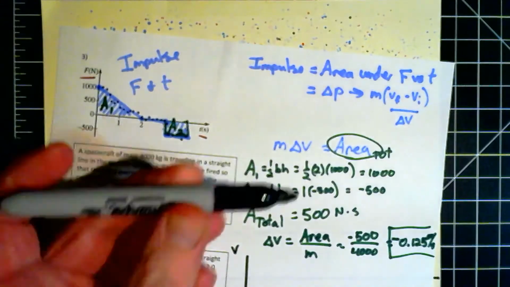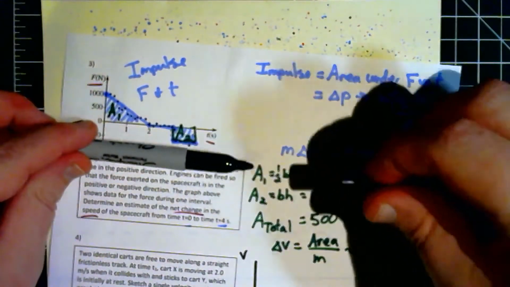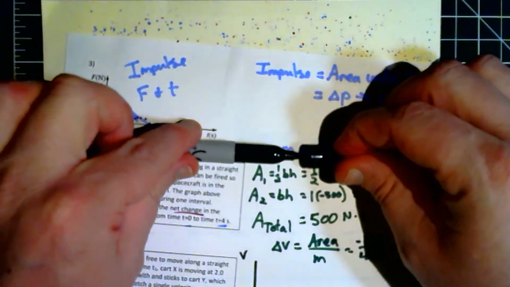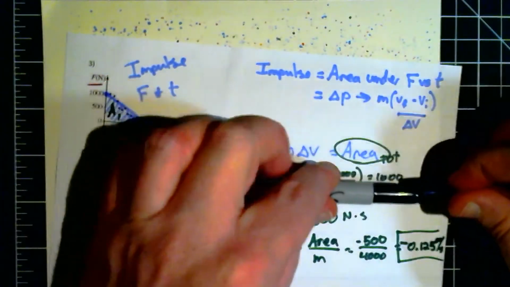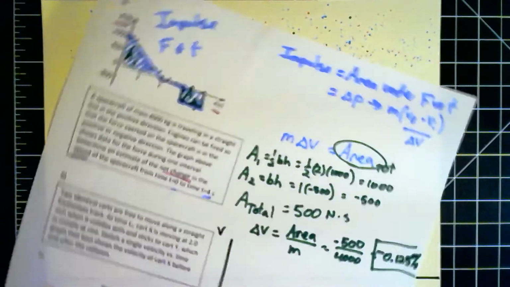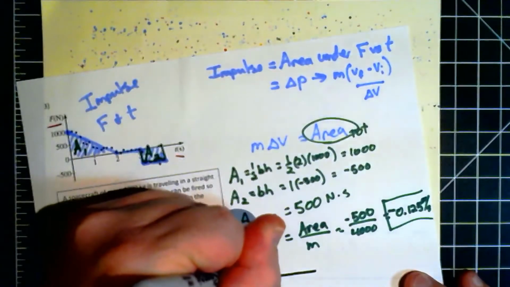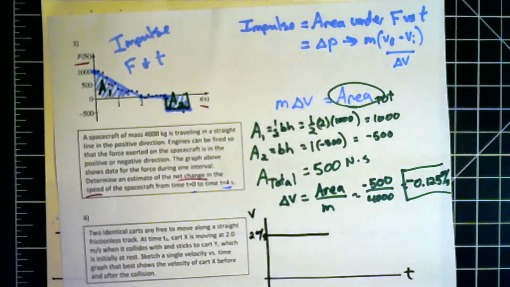So here's the idea. Here's cart X, here's cart Y. Cart X is going to come along and hit, and then they're going to move together in an inelastic collision. So if you think about it, cart X has to be moving at 2 meters per second for a while, and then after it collides with another cart that's the same amount and sitting at rest, that means that afterwards those two carts have to share the same momentum that it started off with.